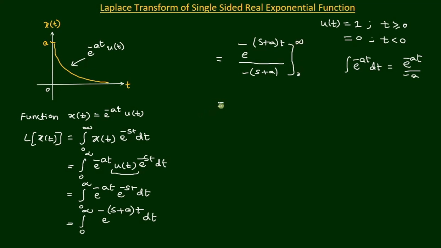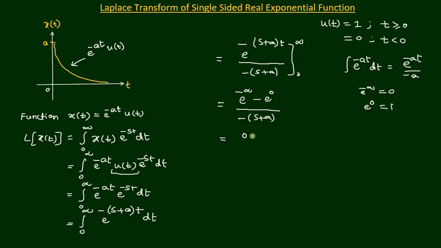Now we apply the limits: the upper limit first, e^(-infinity), and the lower limit e^0, divided by -(s+a). So e^(-infinity) value is 0 and e^0 value is 1.